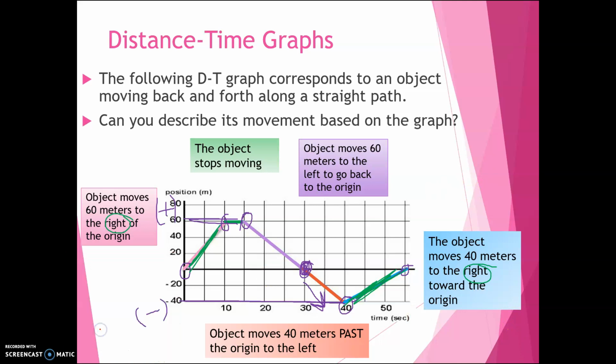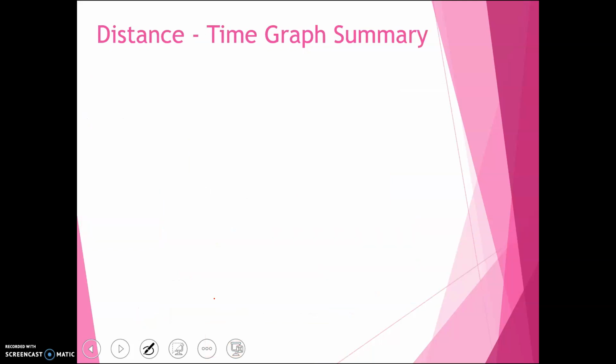So for these negative slopes, here is a negative slope, here is a negative slope, the object was moving to the left. And then, of course, with this flat line where the object is not moving, anytime you see a horizontal line, it could be here, it could be down here, it could be down here. If it's a horizontal line, the object's not moving.